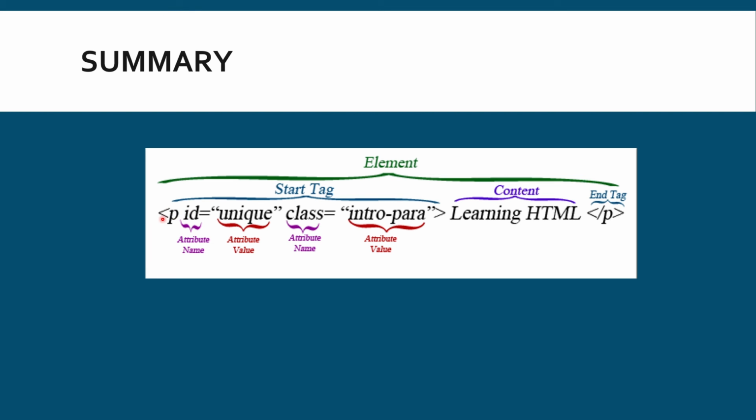Here p is the tag name, id is the attribute name, and here unique is the attribute value, class is the attribute name, and the attribute value is intro-para, and this whole stuff is the start tag. And we have some content here, Learning HTML, and then we have the end tag with left angle bracket, slash p, and right angle bracket, and this whole stuff is known as an element.